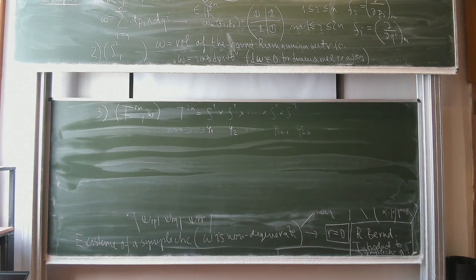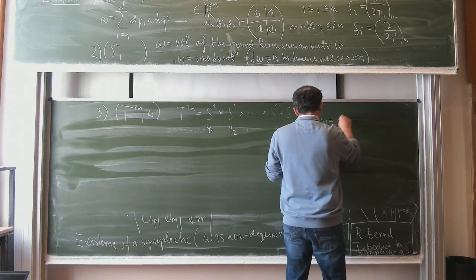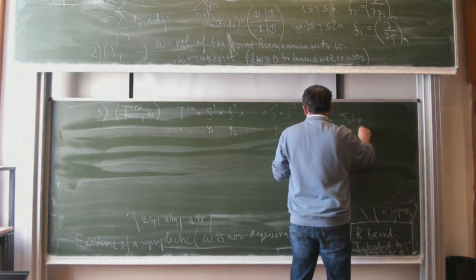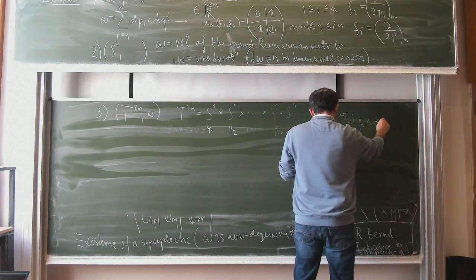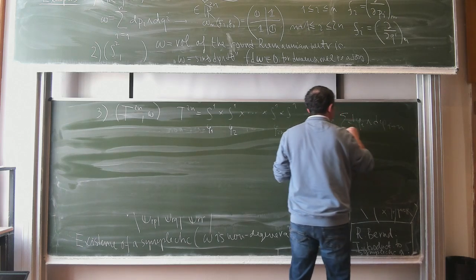And the symplectic form can be chosen as the sum of d phi i wedge d phi i plus n.